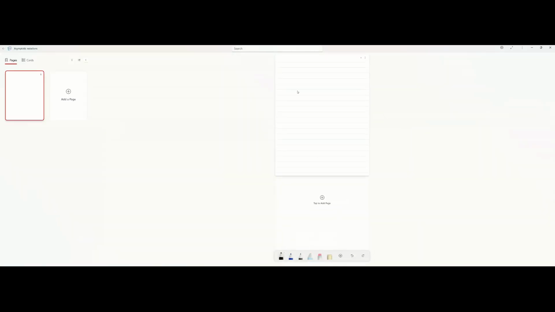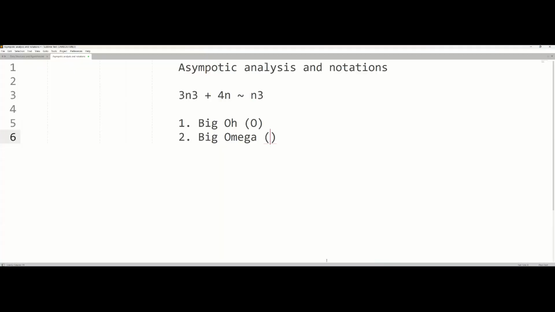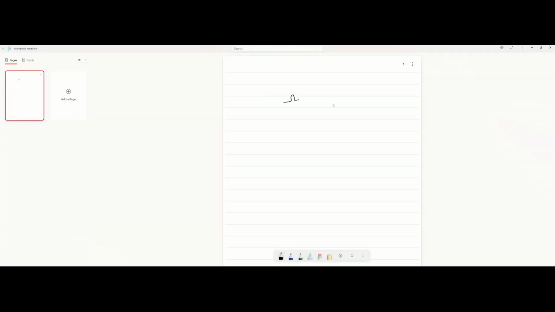I also have the pen and paper input set up because this series requires some graphs. So this is called omega. Likewise, you have another one called big theta notation, and big theta is this one. If you remember theta from your mathematical equations, this is theta, and this is omega.